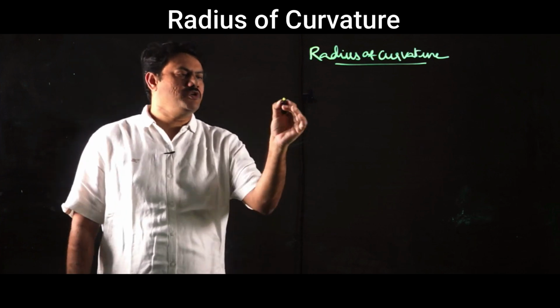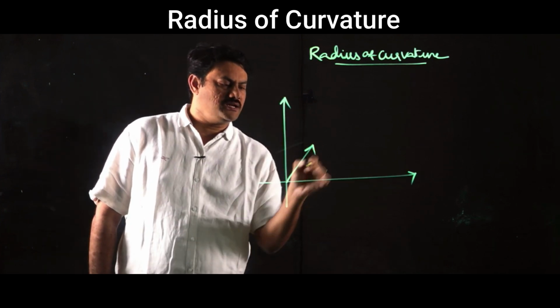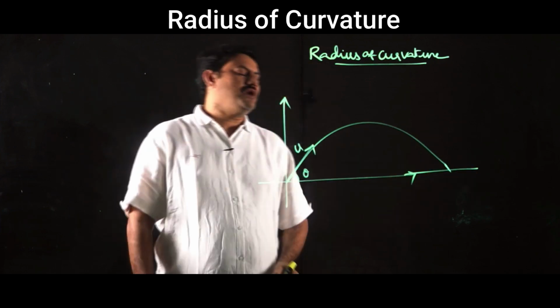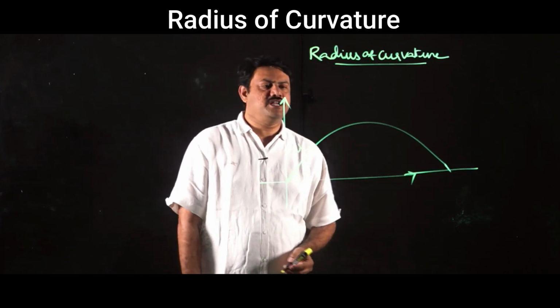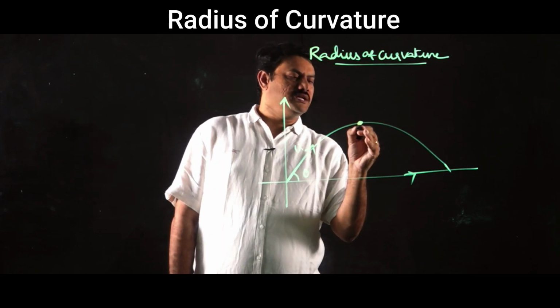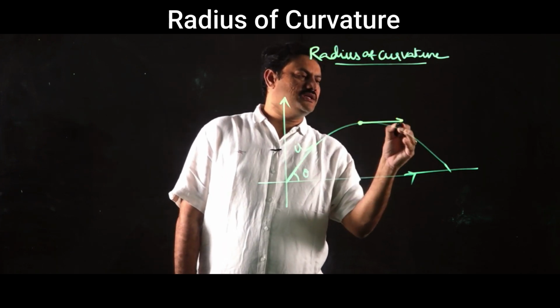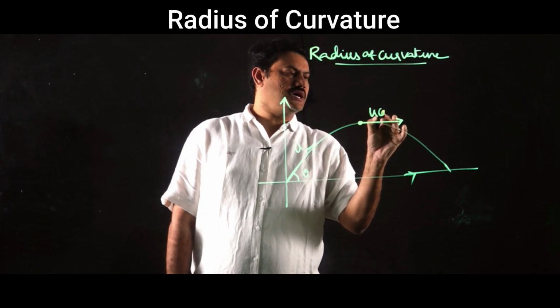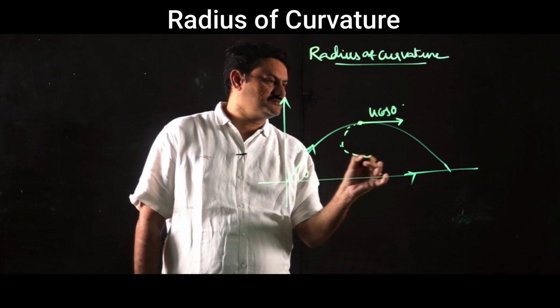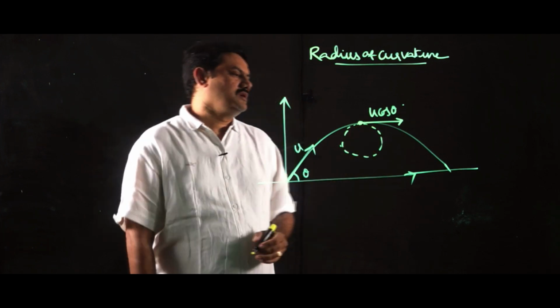Okay. Next subtopic, radius of curvature. Suppose a body is projected making an angle theta with the horizontal with a velocity u. So in a projectile motion, you want to calculate the radius of curvature at any point. Suppose you want to calculate the radius of curvature at this point, the highest point of the projectile, the velocity becomes u cos theta, and draw a circle.